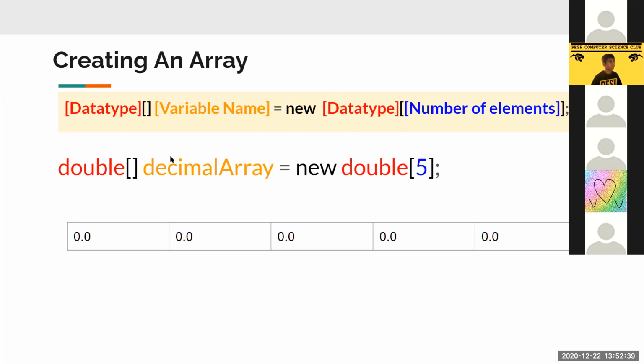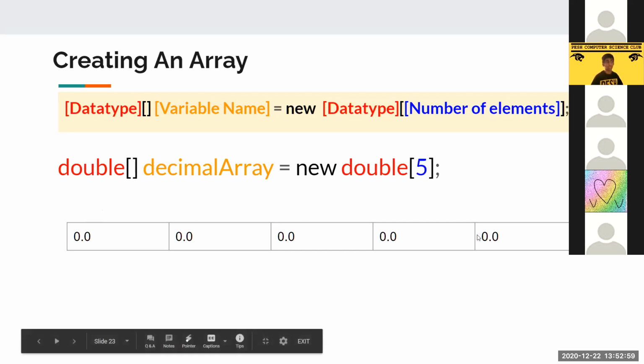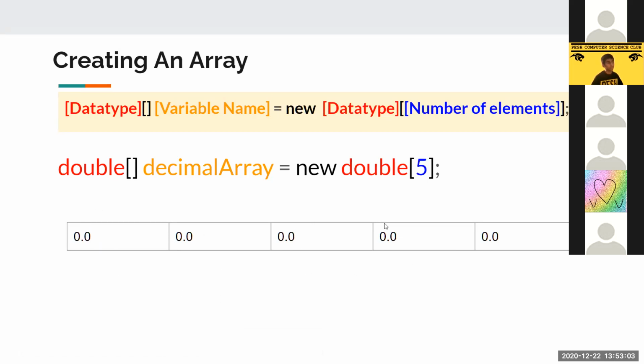What this will do is create an array of a double data type, and it will have 5 elements inside because here we specified that we wanted 5 total elements. So as you can see here, we have an array created of double data type called decimal array, and there are 5 spots in here. This is our first spot, our second spot, third spot, fourth spot, fifth spot.